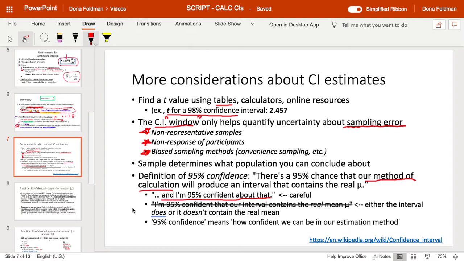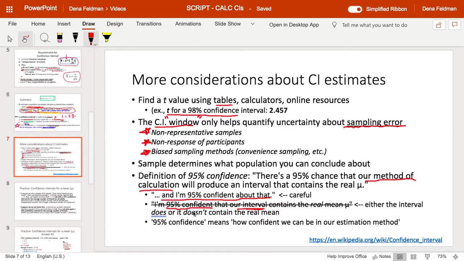It's very subtle. You shouldn't be saying just, I'm 95% confident that our interval contains the real mean. Because, frankly, once we've made an interval, either the interval has the mean in it, or it doesn't. It's either a yes or no.